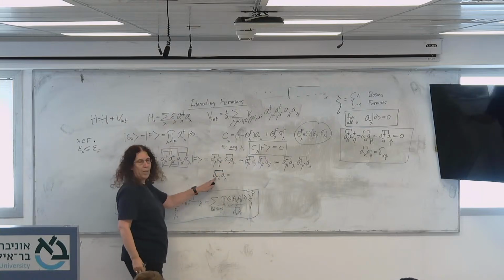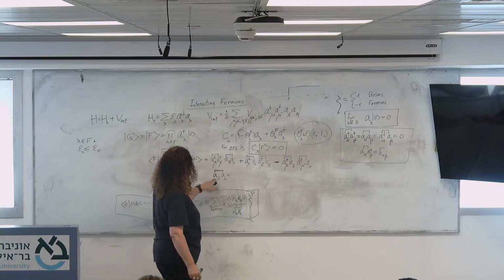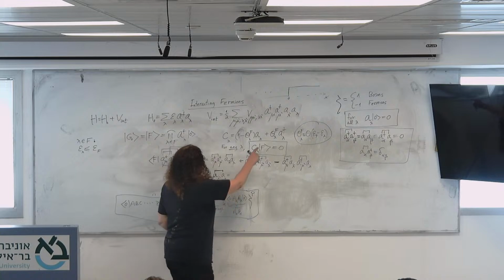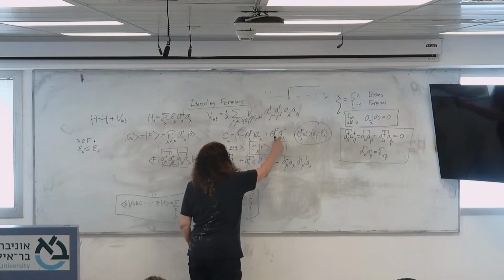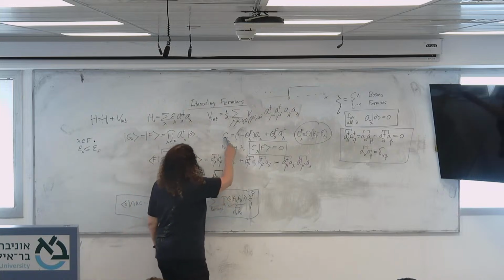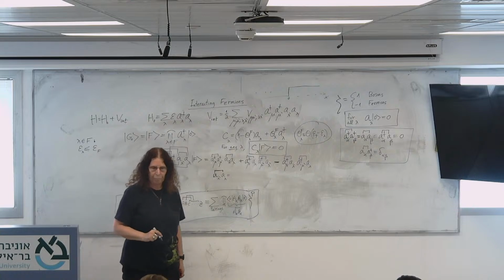Each of these is 1 minus theta function times C lambda plus the theta function times C dagger. Okay, I can always convert. If I invert this transformation, it will also look the same.